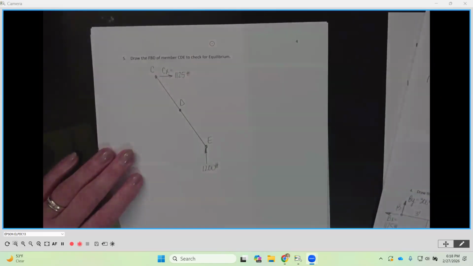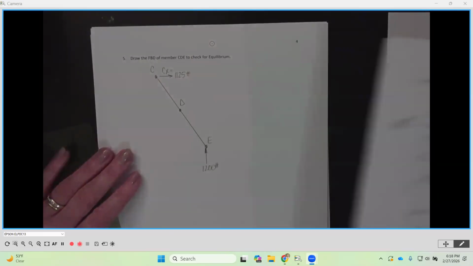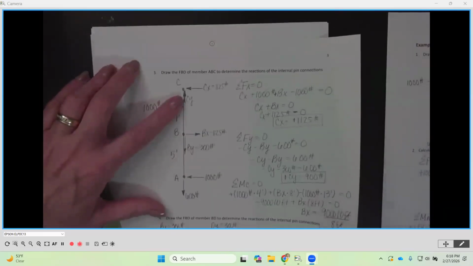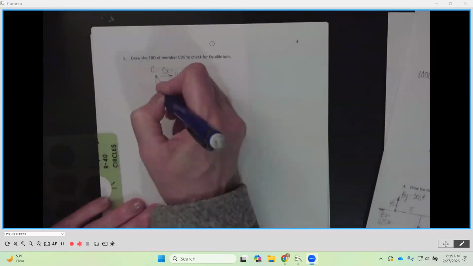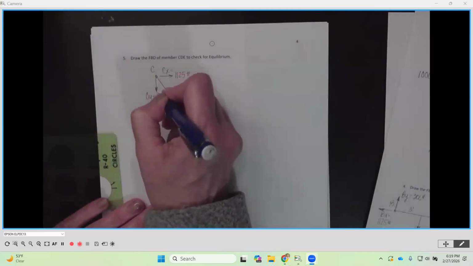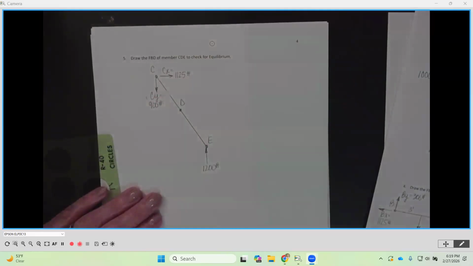I can label this CX. Then in the Y direction, CY is going up on the other member, so it's going to go down on this member. So this is CY, and that value was 900 pounds.